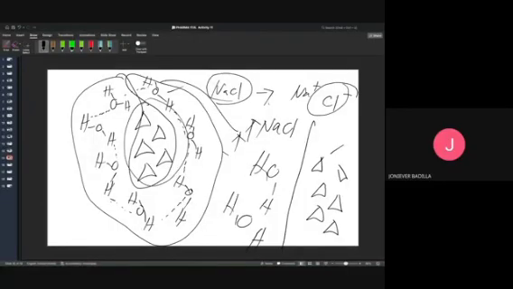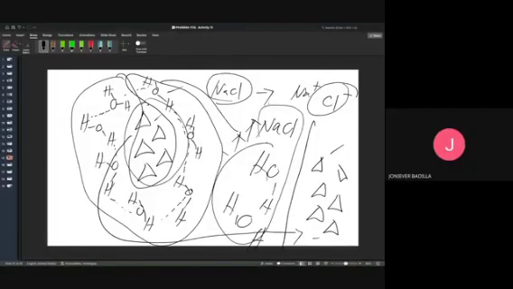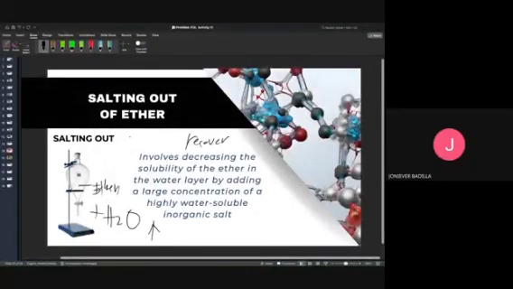This results in the effective reduction of free water available to dissolve your ether. As a result, your ether will separate from the mixture to form another layer, considering that it has formed the aqueous sodium chloride solution. Now, this will be distinct, because if we evaluate your separatory funnel later on, you will notice the formation of two layers.